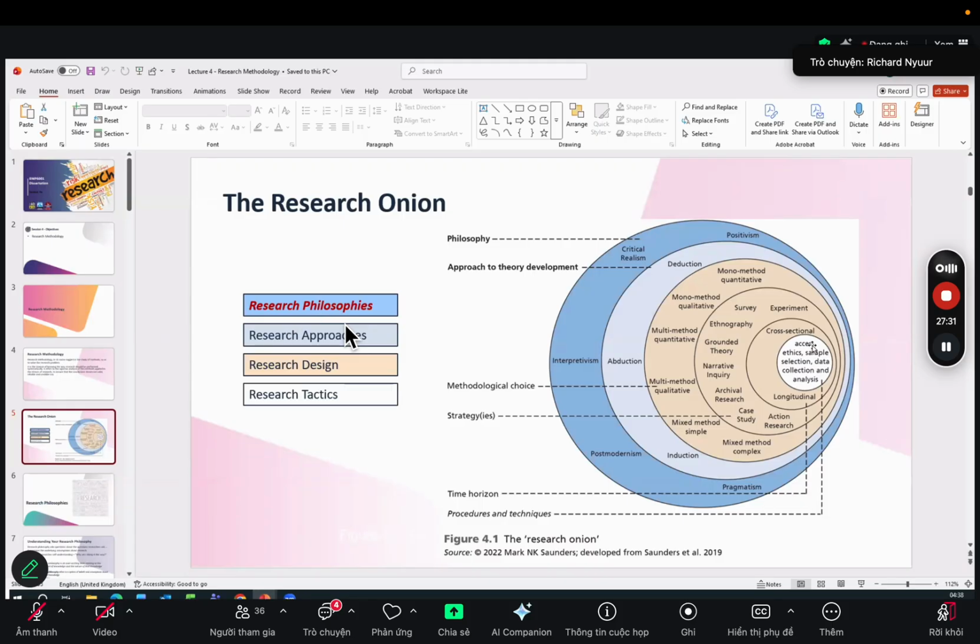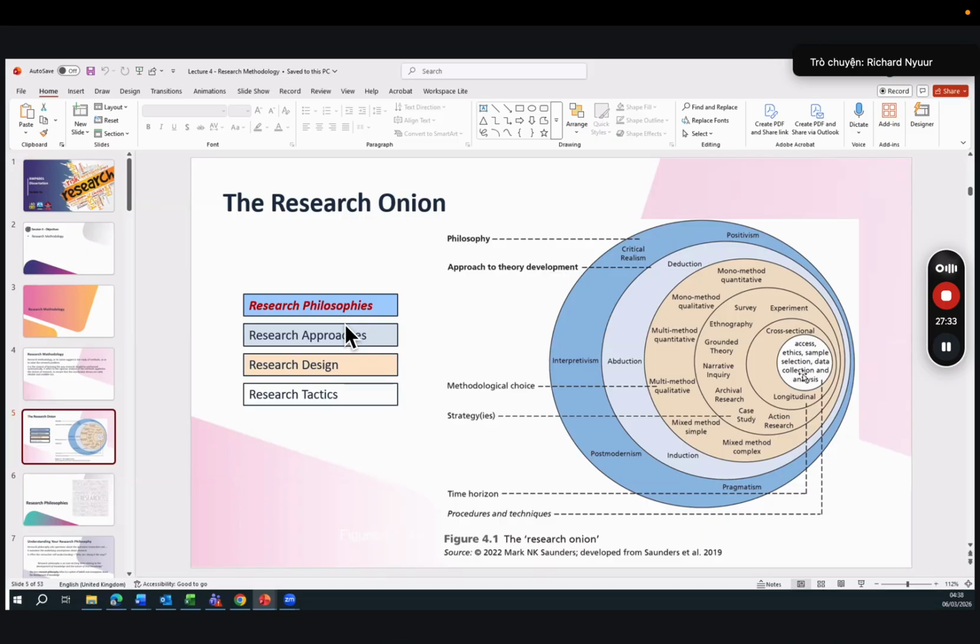Then in the middle, you also have things like access. How do you access it? And what are the ethical issues? The sample size, the selection, the data collection, and the analysis. Those are some of the tactical issues to consider, and you need to select each of them appropriately. So pretty much what we're going to be talking about this afternoon will be along all these areas.